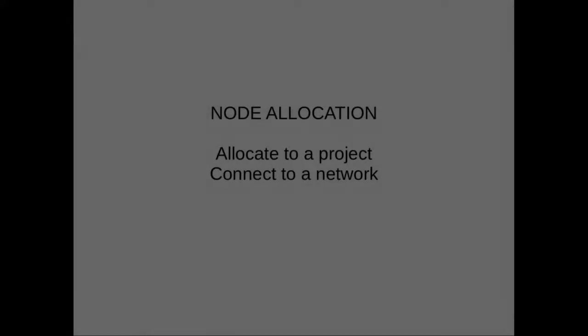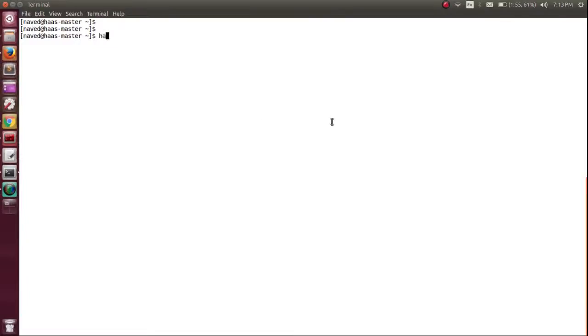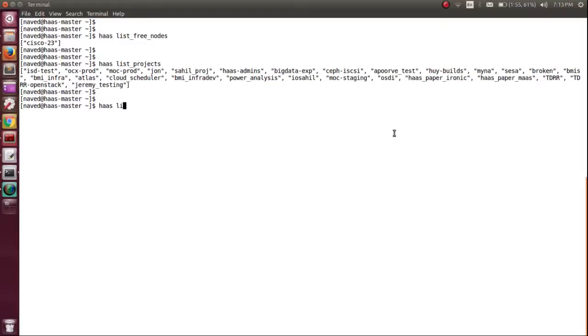Now we will see how we can allocate a node to a project, attach a network and provision it. First, let's check if we have any nodes available in the free pool. We have one node. We will allocate this node to project BMI Infra.